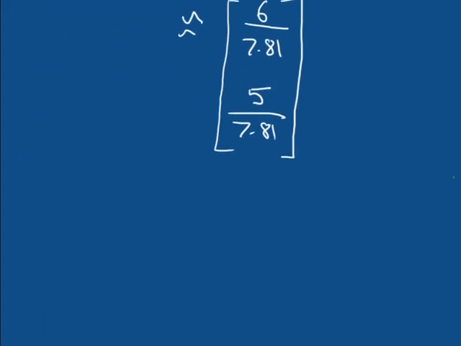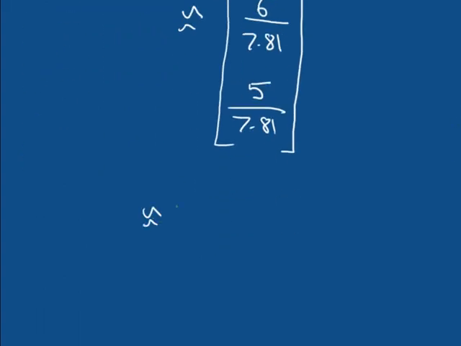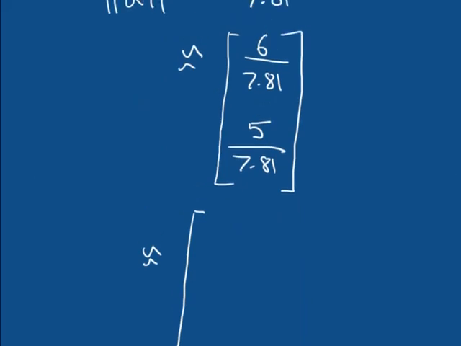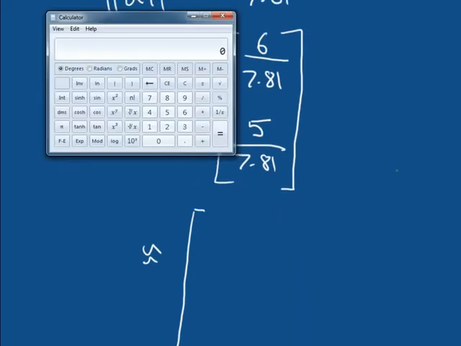So continuing on, we know this is then approximately equal to, if I bring up another calculator, I need 6 divided by 7.81, which gives me 0.768.